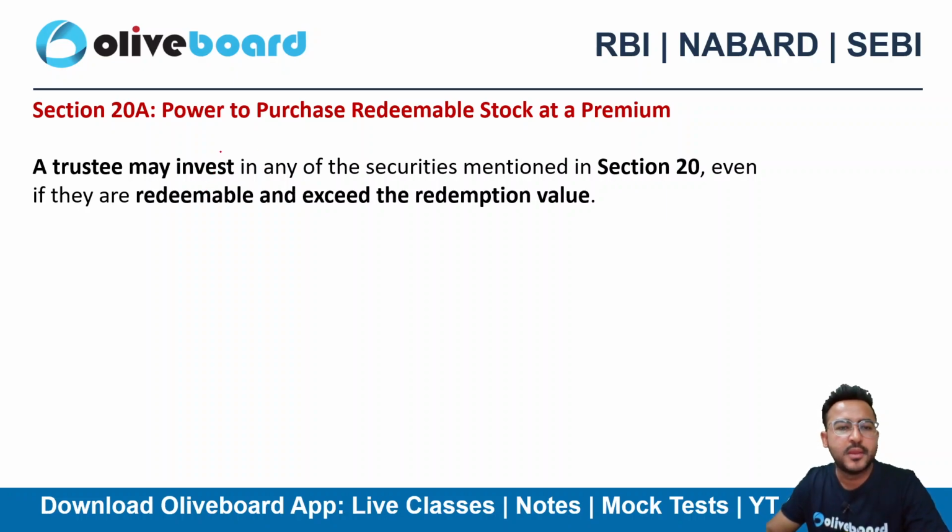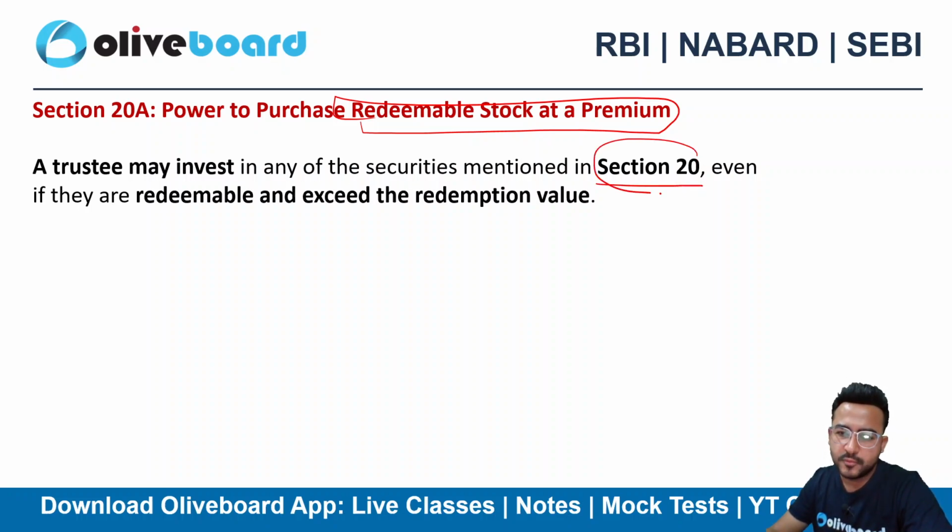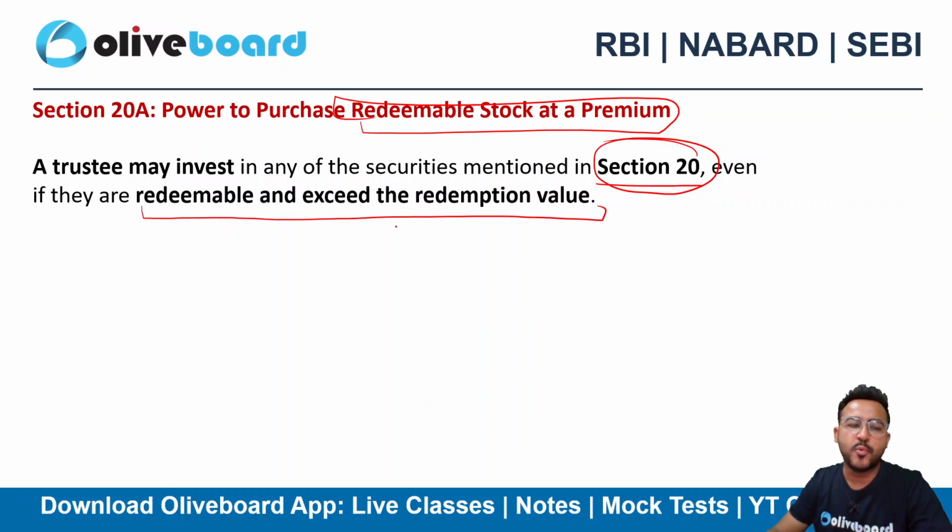Section 20A, power to purchase redeemable stock at a premium. The trustee may invest in any securities mentioned in section 20, even if they are redeemable and exceed the redemption value.